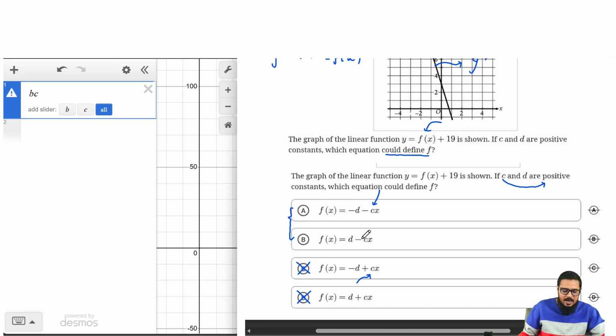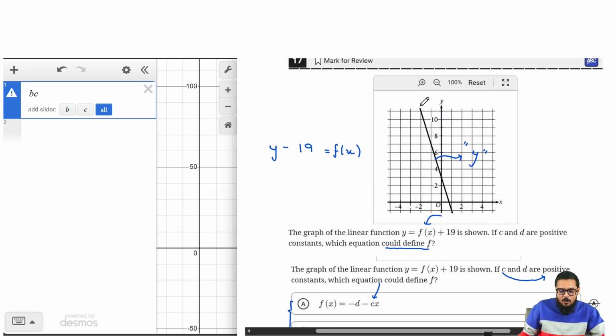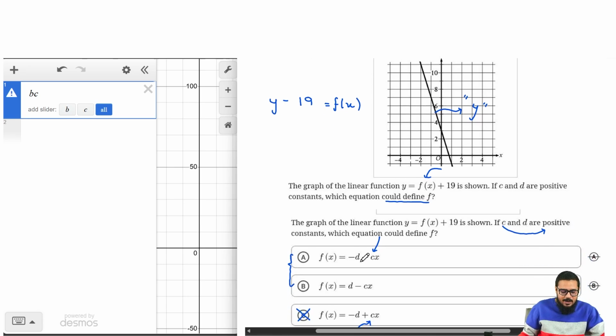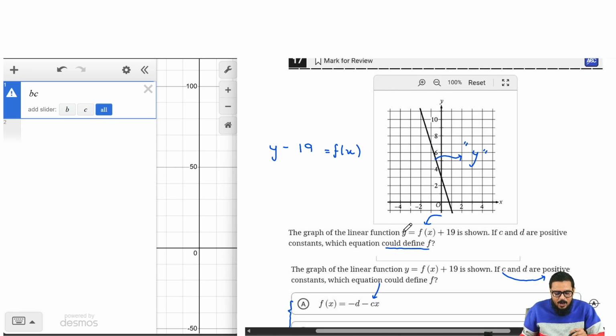So answer options A and B are representing the slope of the function f of x as a negative number, because the slope of the original function y was also a negative number, and translating anything downwards, upwards, rightwards or leftwards never ever changes your slope, right? So slope has to be a negative number. So I'm stuck with answer options A and B. Now if you look at this coordinate, what is your y-intercept currently?